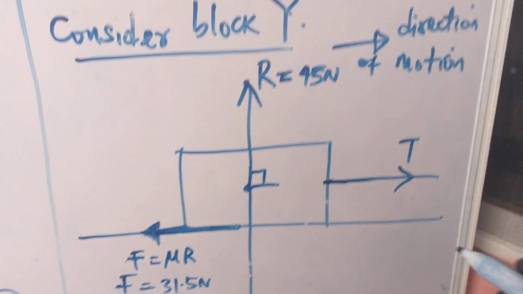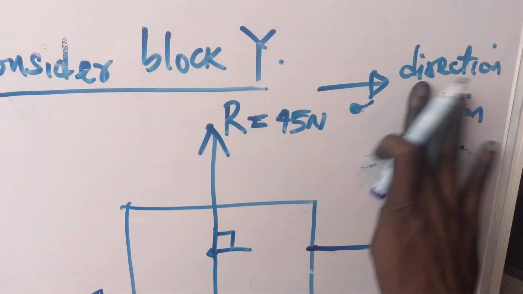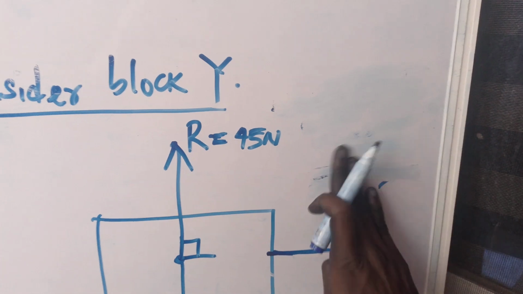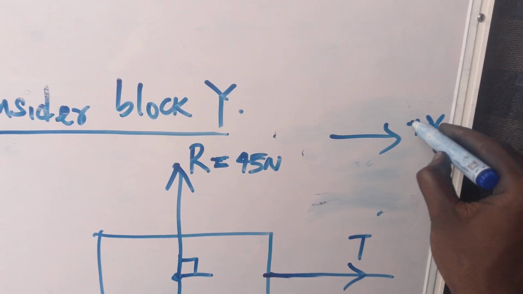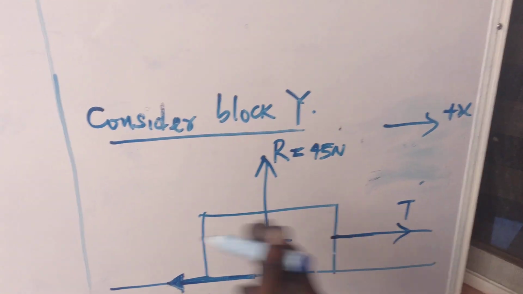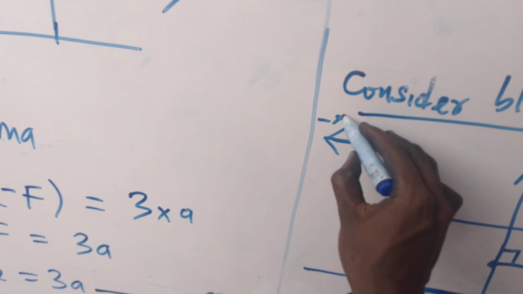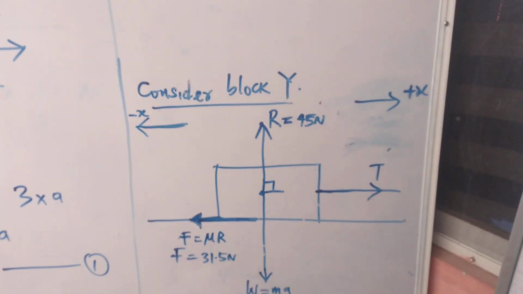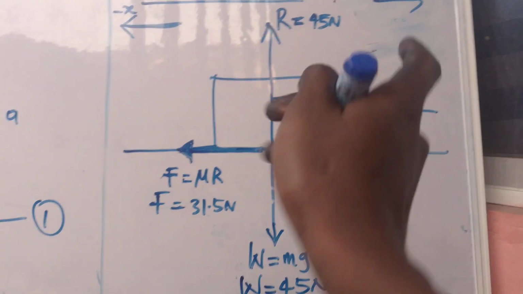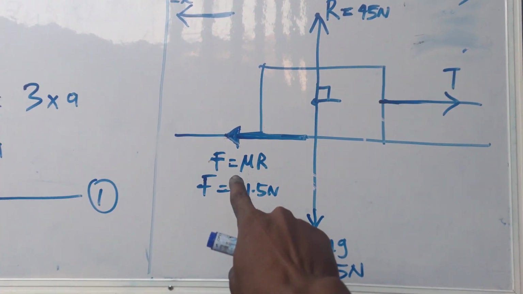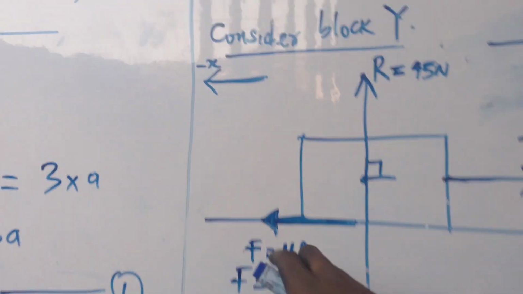We know that this one going like this is positive X, and this one coming like this is negative X. That implies that my tension is positive and my friction force is negative. So this is positive T and negative F.